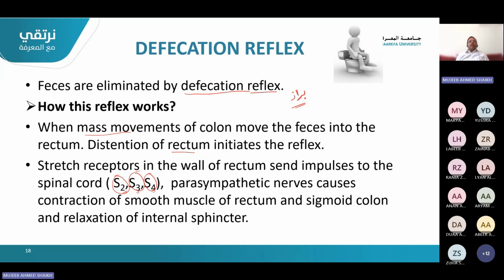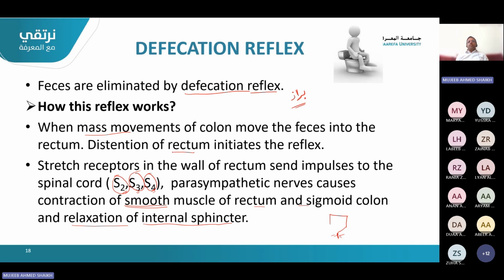Then it will cause contraction of the smooth muscle of the rectum and sigmoid colon and, at the same time, relaxation of the internal sphincter. Still the external sphincter is closed. So the defecation reflex starts, food coming from the different regions and poured into the rectum. Here it will cause a stretch reflex.